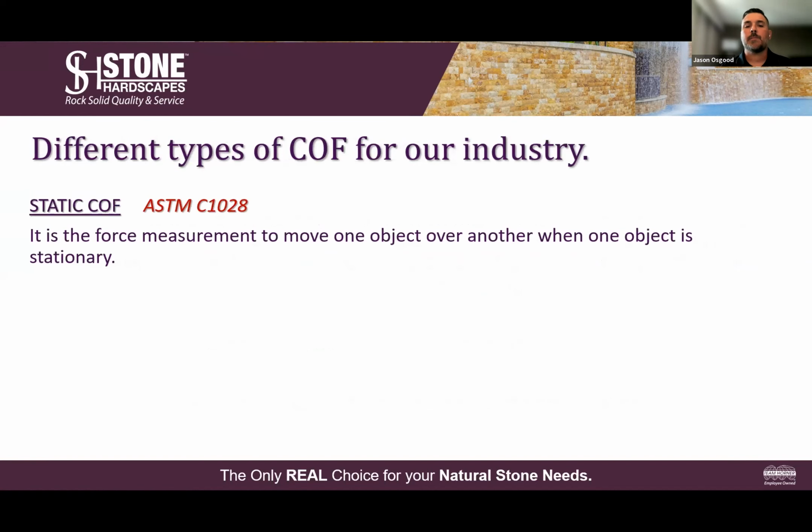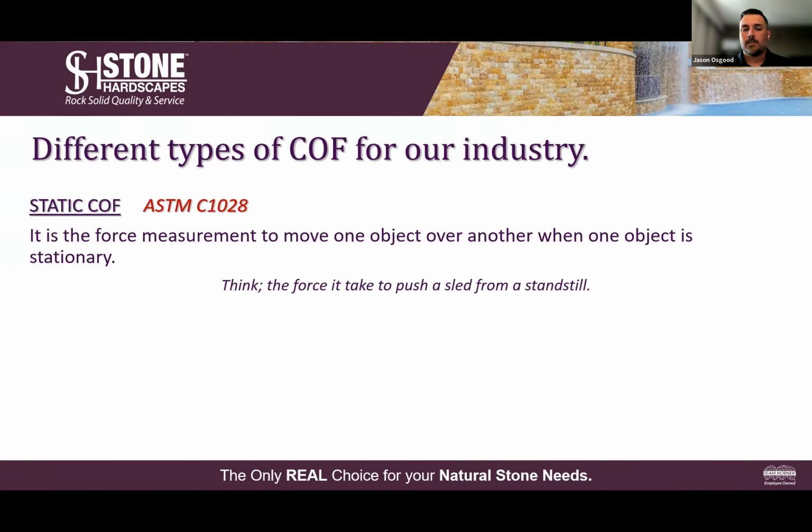Now, there are two different types for our industry. There's a static coefficient of friction, or the static COF, which is the older ASTM C1028 version. It is the force measurement to move one object over another object that is stationary. So again, my hands, if I leave my left hand stationary and I start rubbing my right hand up and down, that is a static coefficient of friction. Think of it as the force it takes to push a sled from a standstill.